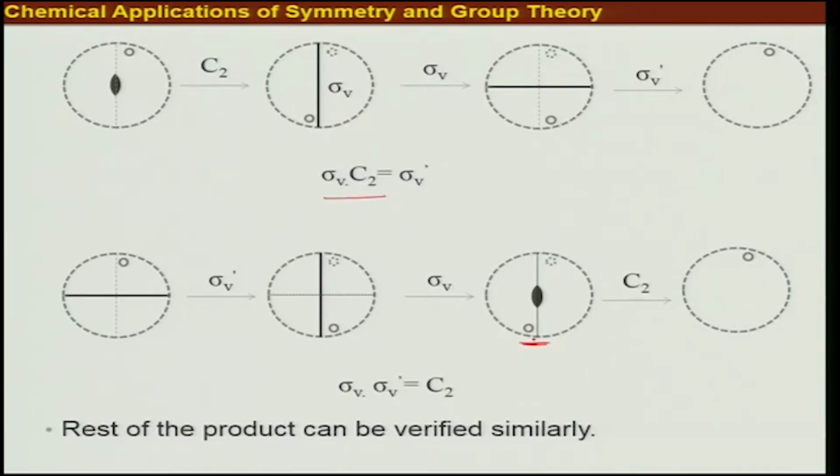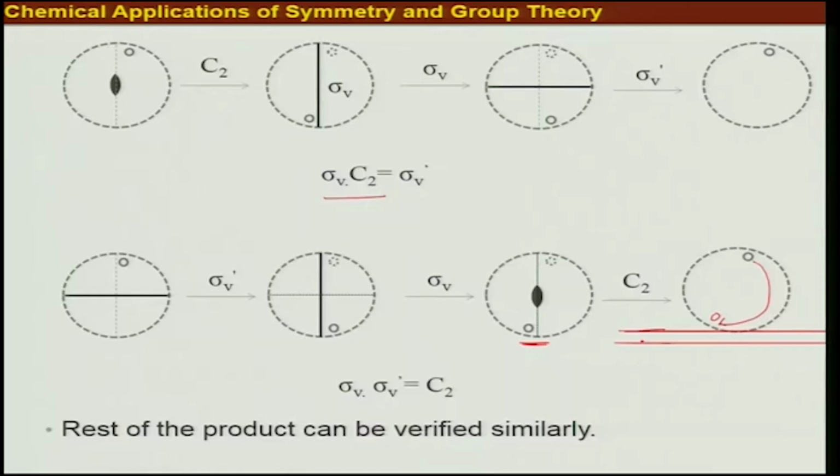Now if I would have taken C2, so here it is shown like from here I can go to this point by C2. Similarly, from here I could come to this point. Okay, so if I could operate C2 from this original point, I could reach over here, which is identical to this structure.